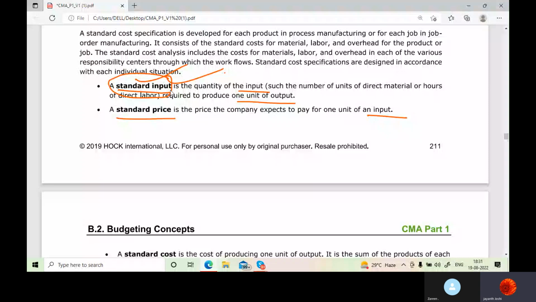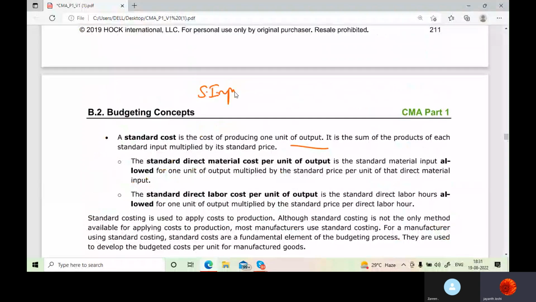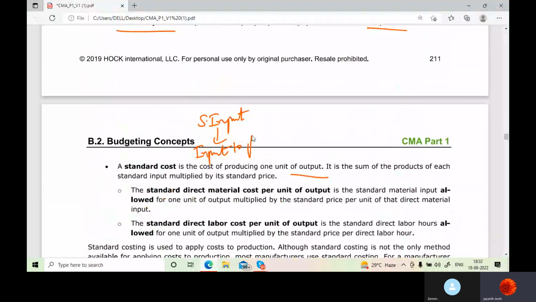So I'll be writing it: standard input, quantity of input to produce 1 unit of output. Then comes standard price, what you pay for 1 unit of input.